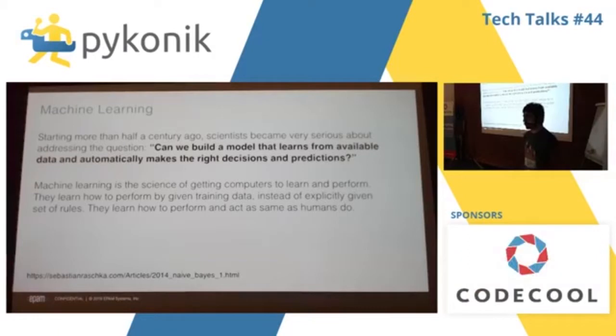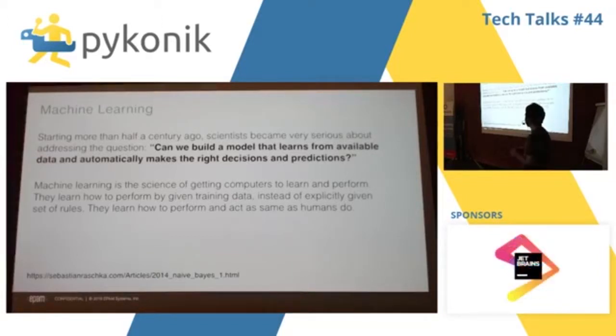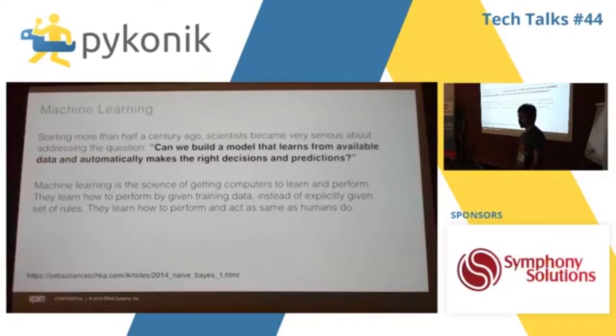This is very different from how we program computers. It actually changed the direction of programming. Machine learning is the science of getting computers to learn how to perform.